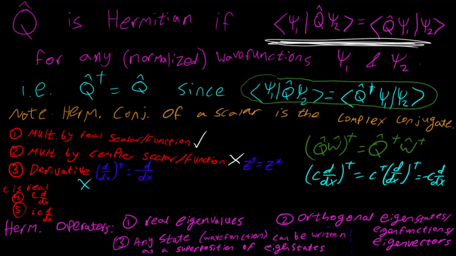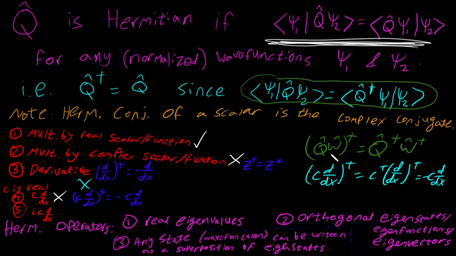So C times d by dx, where C is real, is not Hermitian. The Hermitian conjugate of C d by dx is equal to negative C d by dx.